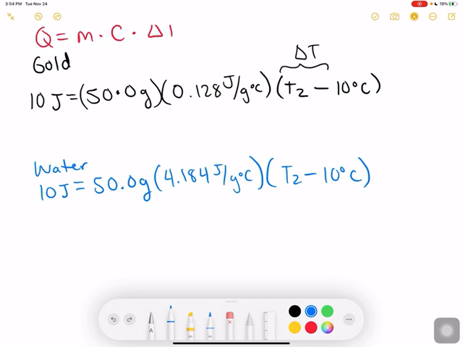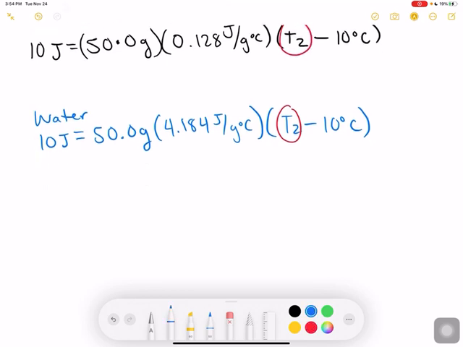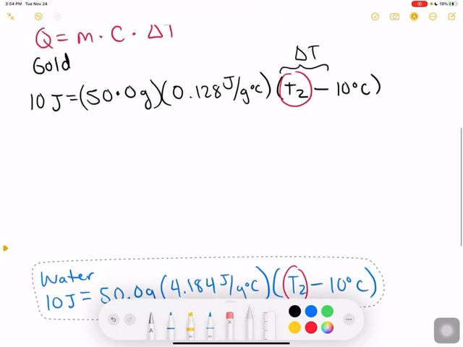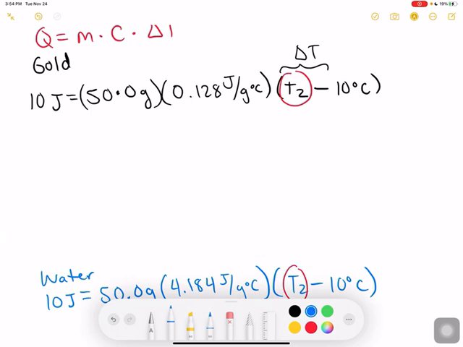So let me just simplify. Let me just solve for the variable that we're looking for, which is T2. Let me just move this guy over here a little bit, so I have space to work on the gold. Let's go ahead and solve for T2. So I'm going to get rid of everything that's multiplying this part of my formula.